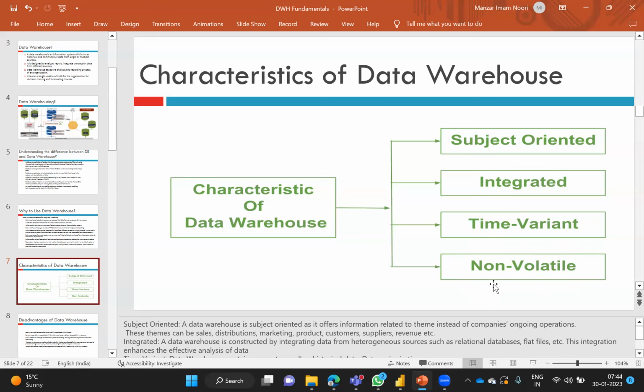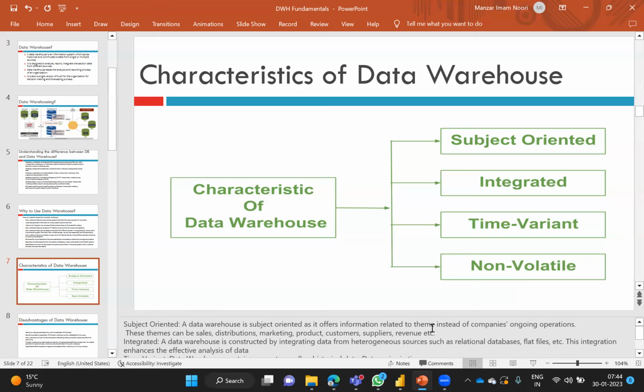Those are non-volatile data. In some cases only the data is getting changed, but not all, and not frequently, right? So data is non-volatile.